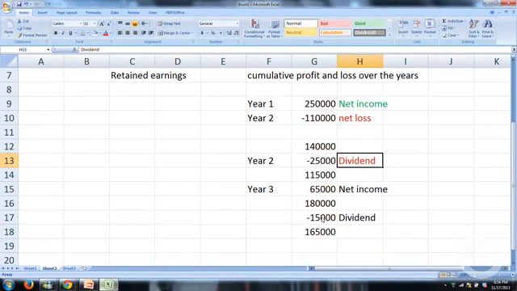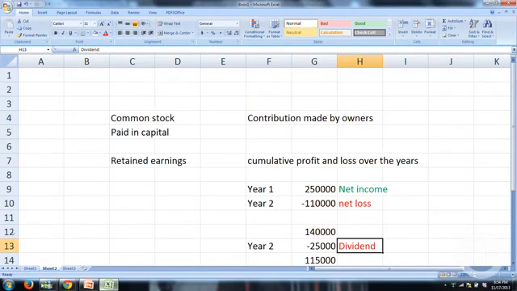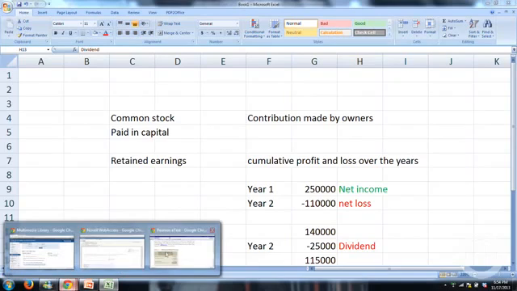It doesn't mean that we don't have any other accounts, but those are the only three transactions that mainly affect retained earning. And if you listened to my prior recording, you noticed that sometimes when we sell treasury stock and we incur a loss, we also book the loss within retained earnings. But those are the three main components of retained earnings.